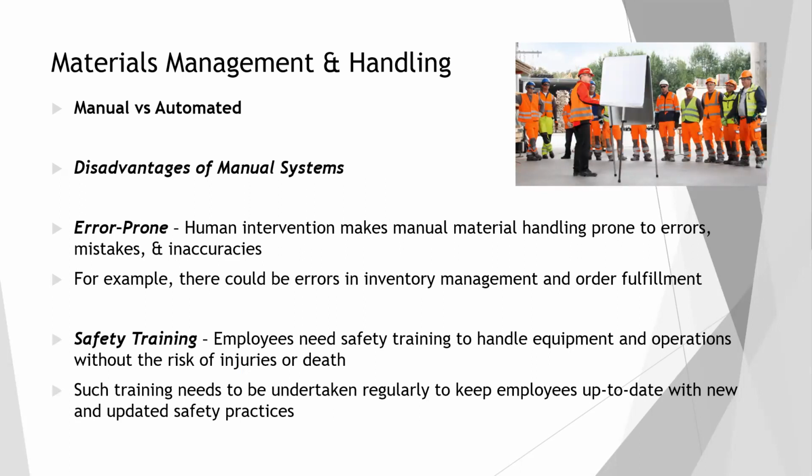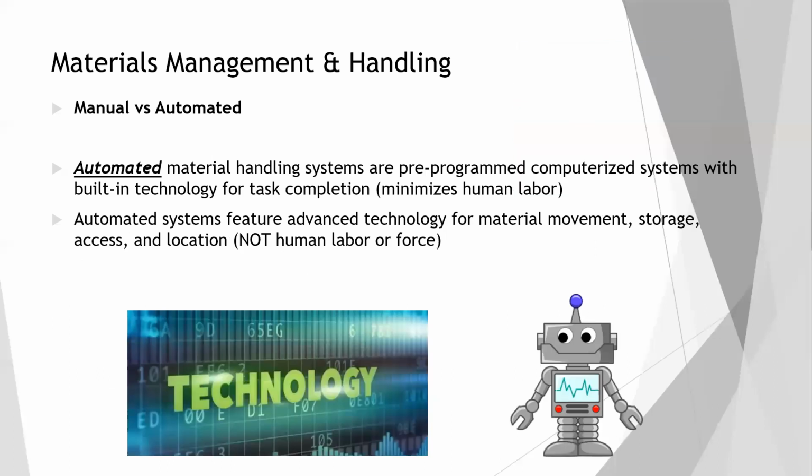Employees need safety training to handle equipment and operations without the risk of injuries or death. We talked about OSHA. It falls on the employer to ensure that their employees are being safe. And this kind of safety training needs to be undertaken very regularly to keep employees up to date with new and updated safety practices. So we've got to be really careful here.